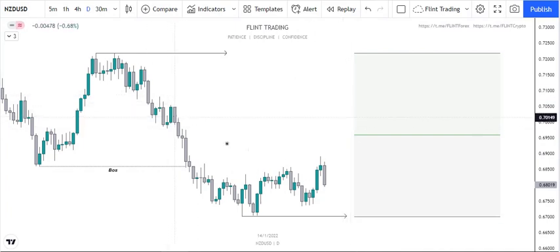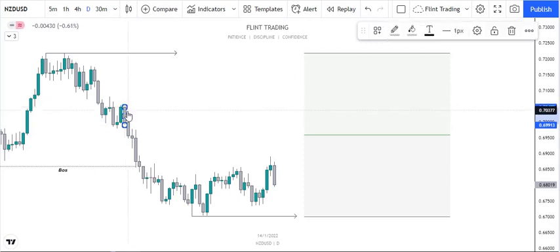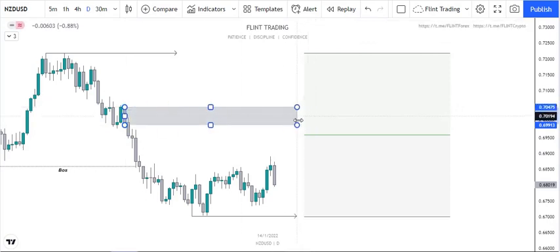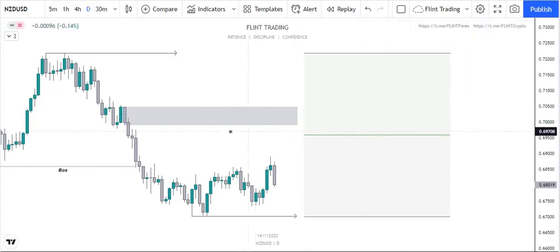So there is a clear daily order block, which we can see in here, right? And as you can see, this order block lies within the premium range, so it's ideal to sell from here.